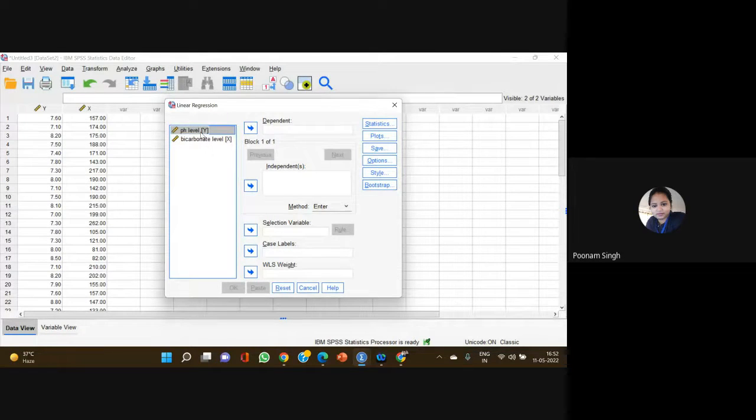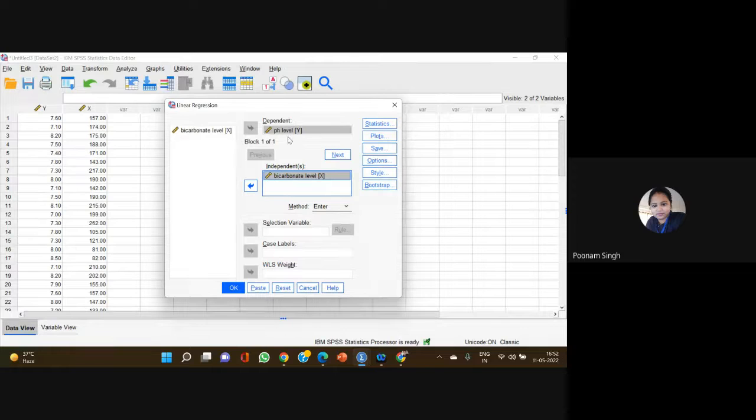So in that case, Y will go to the dependent variable, X will go to the independent variable. Move Y to the dependent variable window, X to the independent variable window, and that is the bicarbonate level.